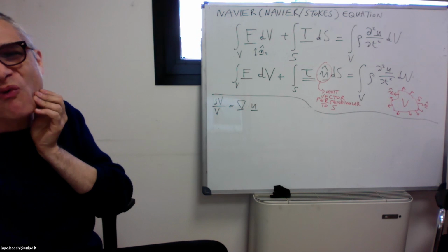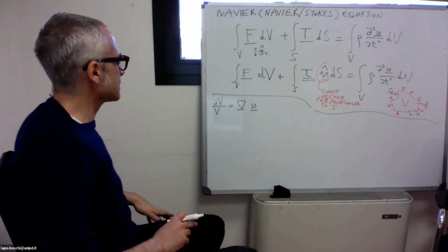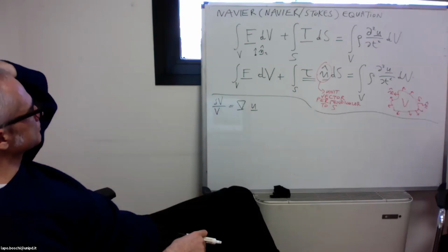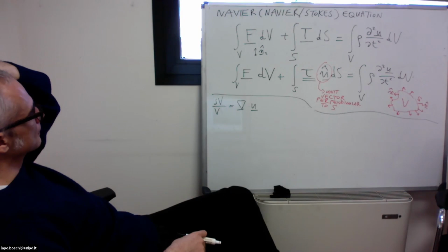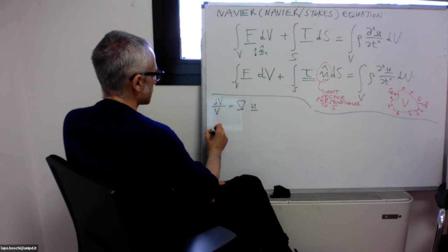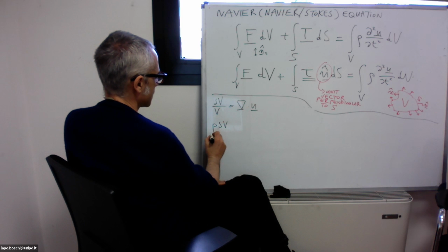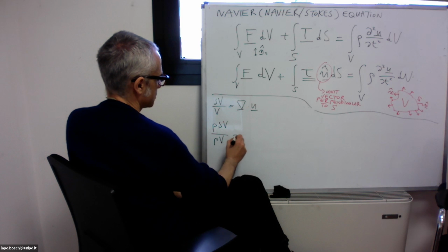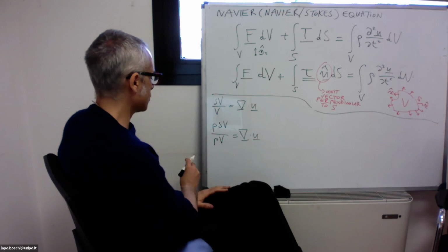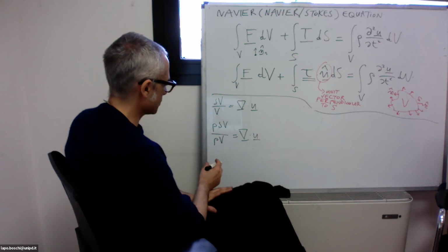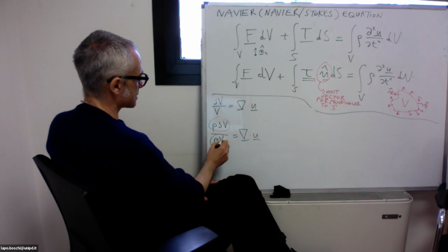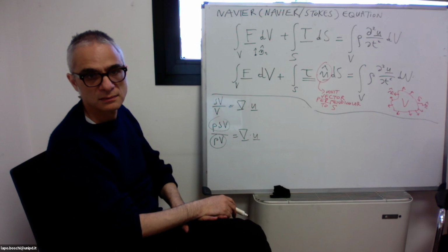Then you can play some games now, because if you just multiply this by density above and below, and I guess I got a wrong sign a minute ago, sorry. This is a change in mass, and this is the total mass, right?